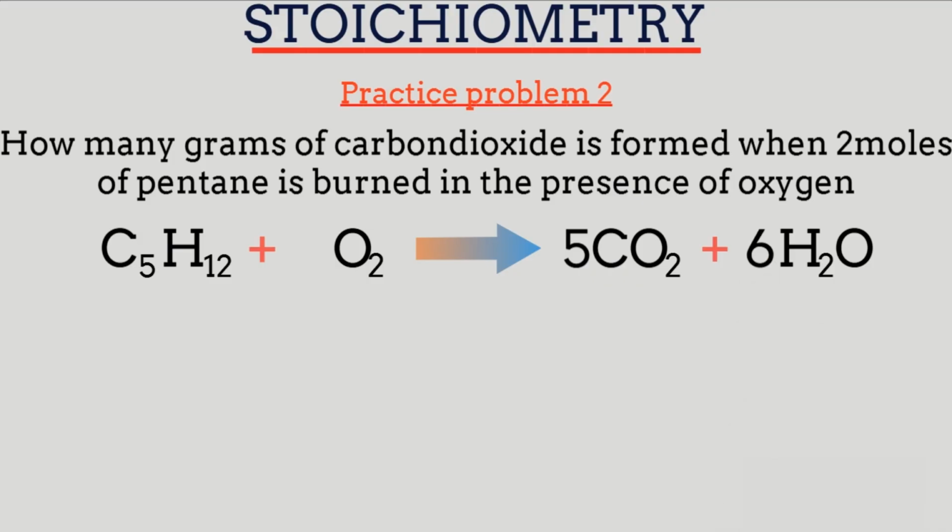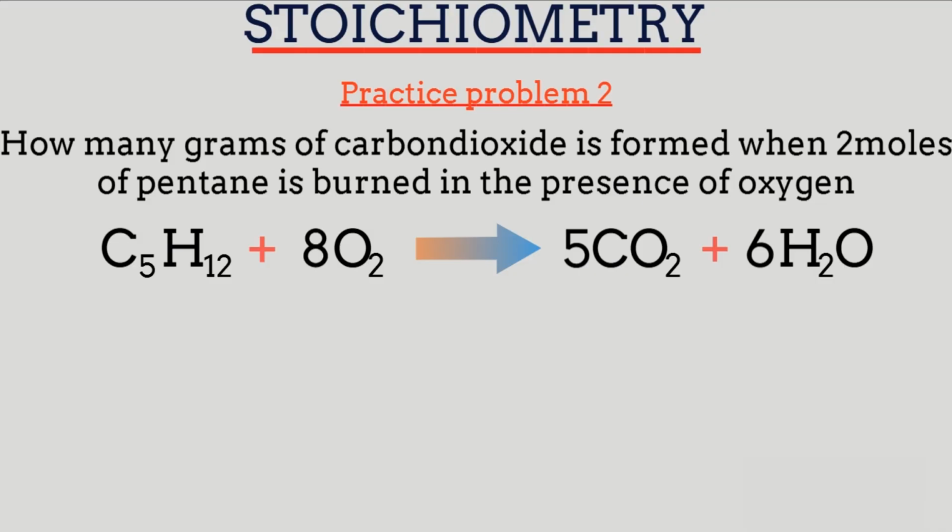So we add 6 to H2O such that the product of 6 and 2 will give us 12 hydrogen atoms on the product side. We have 2 oxygen atoms on the reactant side, but 10 oxygen atoms from carbon dioxide and 6 oxygen atoms from water, summing up to 16 oxygen atoms on the product side. So add 8 to O2 on the reactant side, such that the product of 8 and 2, which is 16, will balance up this reaction.